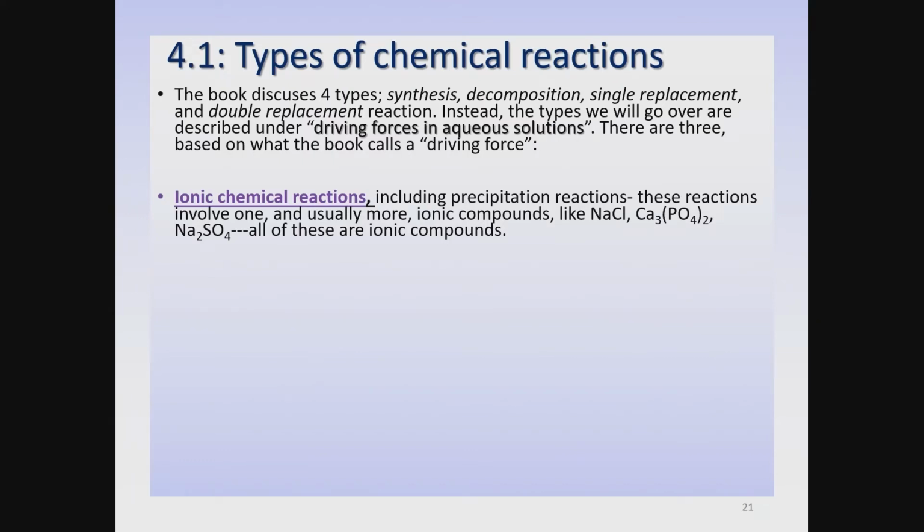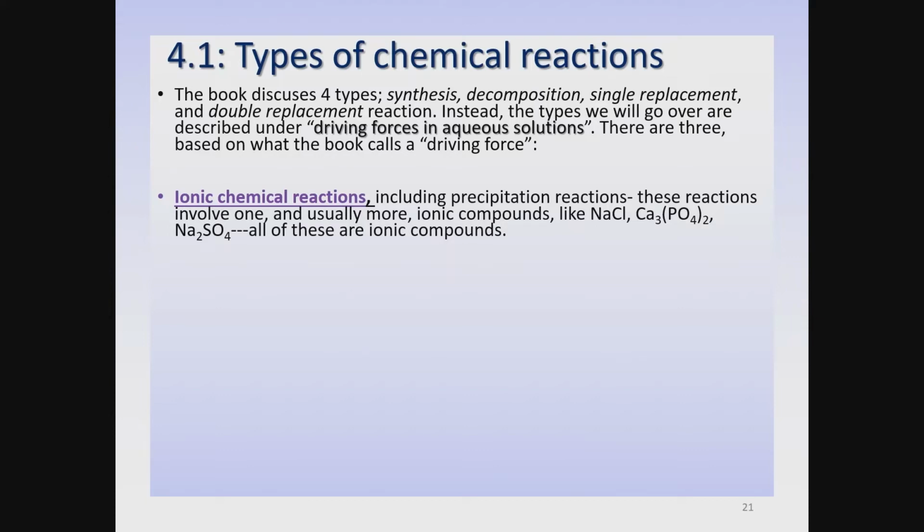In our class, we don't divide reactions generally into those 4 different types, although you could. Instead, we tend to like the types that are described in your book in the driving forces in aqueous solutions section. Some reactions occur because a major driving force may include the formation of a precipitate.